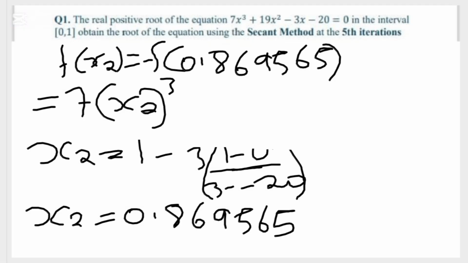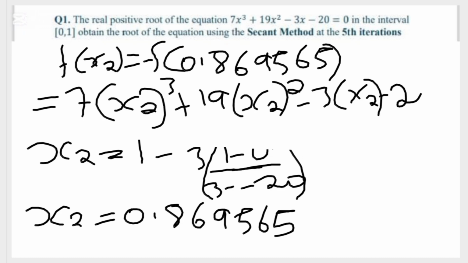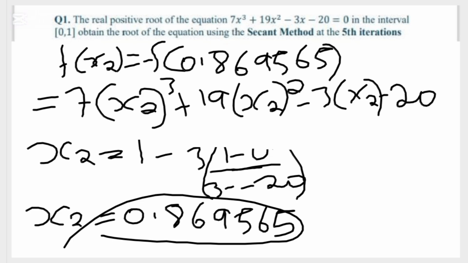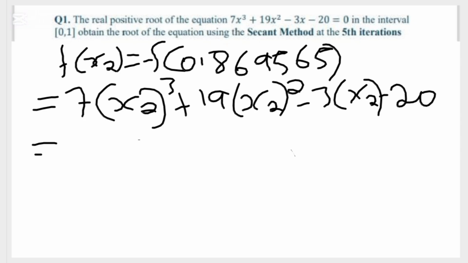So I will say 7 times x2 to the third power plus 19 times x2 squared. As you can see, you are going to substitute the value of x2 in each place. So therefore, the next thing I'm going to do is calculate it. I have to say 7 multiplied by 0.89565 cubed, and also 19 times that x2 squared.